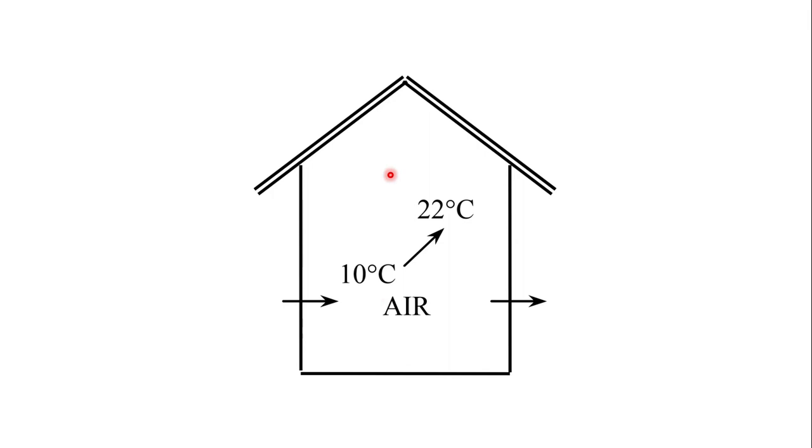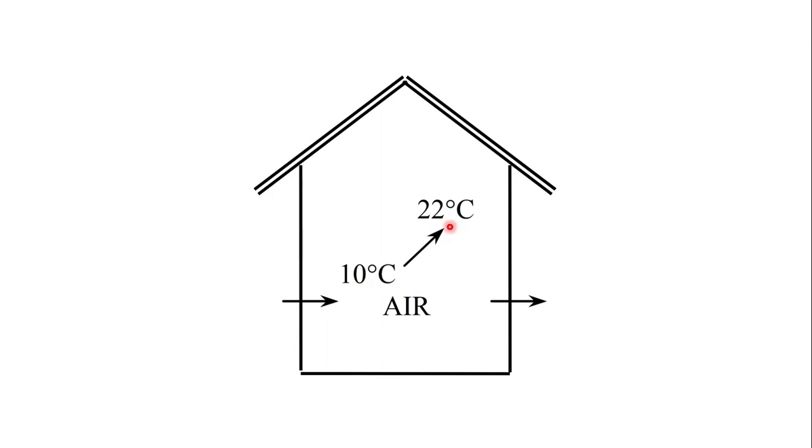So this is the diagram, and this is a particular house which has the air initially at the temperature of 10 degrees centigrade, and if we turn on the heater inside the house, it will increase the temperature of the air inside the house from 10 degrees centigrade to 22 degrees centigrade.